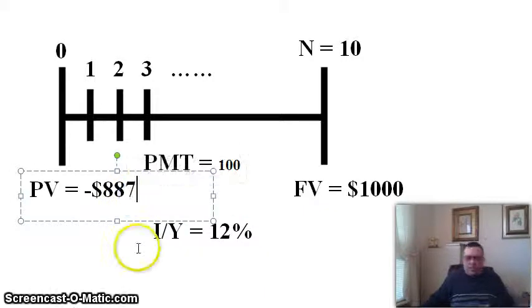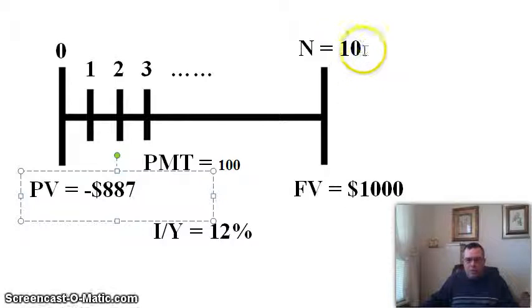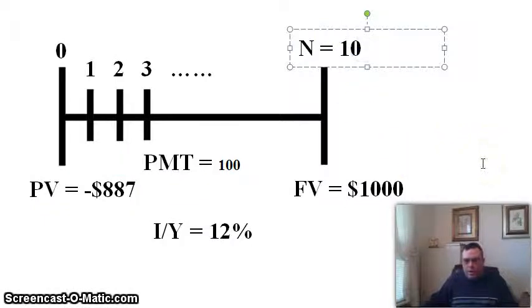Let's say we had a monthly paying bond here, which is rare, but it could happen. Monthly paying debt instruments are not rare. Take mortgages, for example, but monthly payment bonds are kind of rare. You would multiply N by 12, so that'd get you 120.